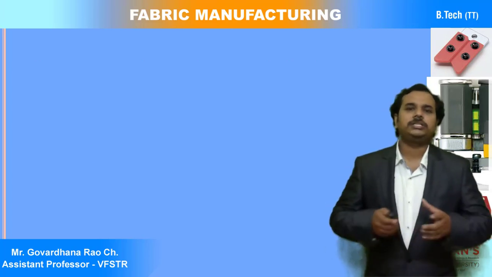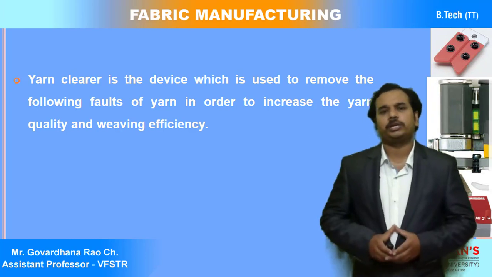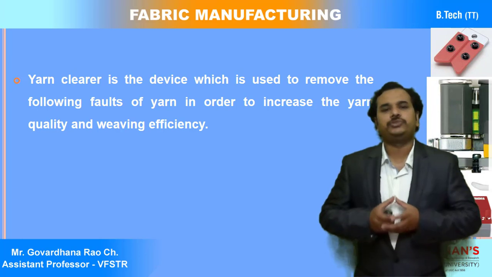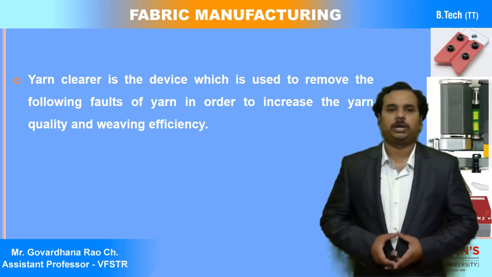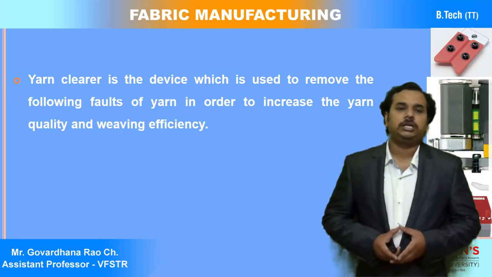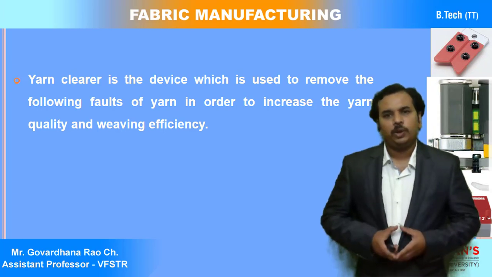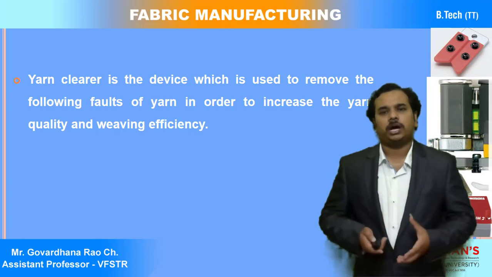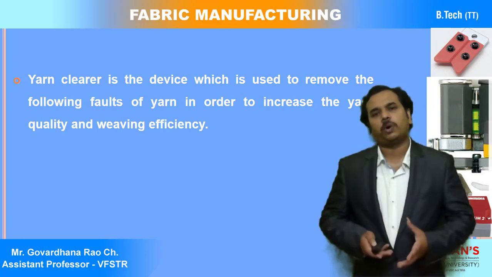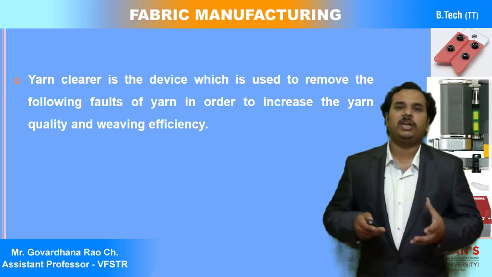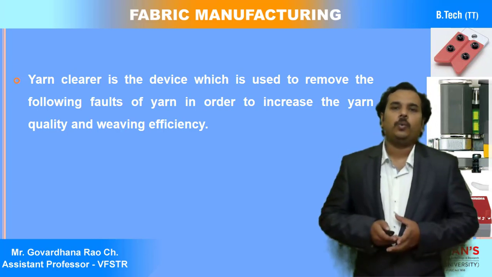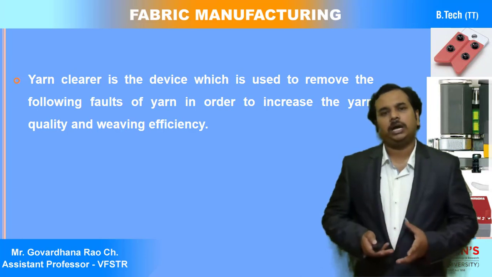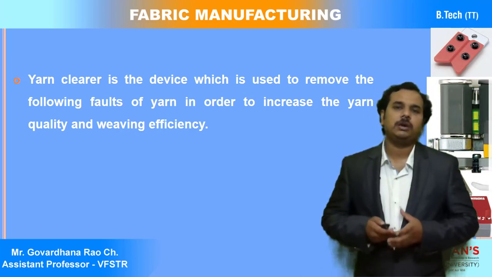This yarn clearer is very important to remove the faults which are objectionable to the customer. The yarn clearer is a device used to remove the following faults of the yarn in order to increase the yarn quality and weaving efficiency. Once the yarn quality is good, we will get more weaving efficiency.